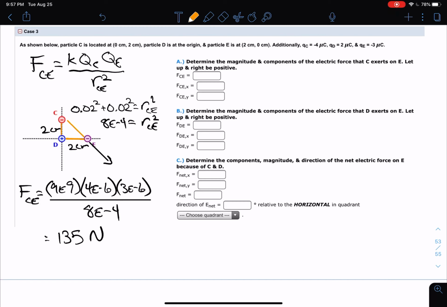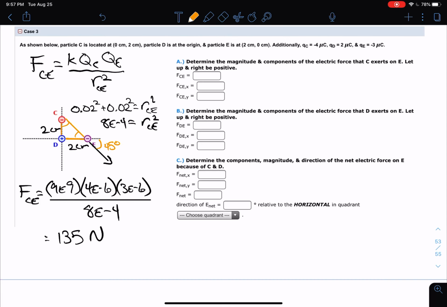This triangle here, that last line isn't perfect, but it'll do. This is an isosceles right triangle. And so that means this angle here, and for that matter, this angle, they have to both be 45 degrees. But the important one is this one here. This side is 45 degrees to the horizontal, which means this vector is 45 degrees to the horizontal. This angle here is 45 degrees, okay?